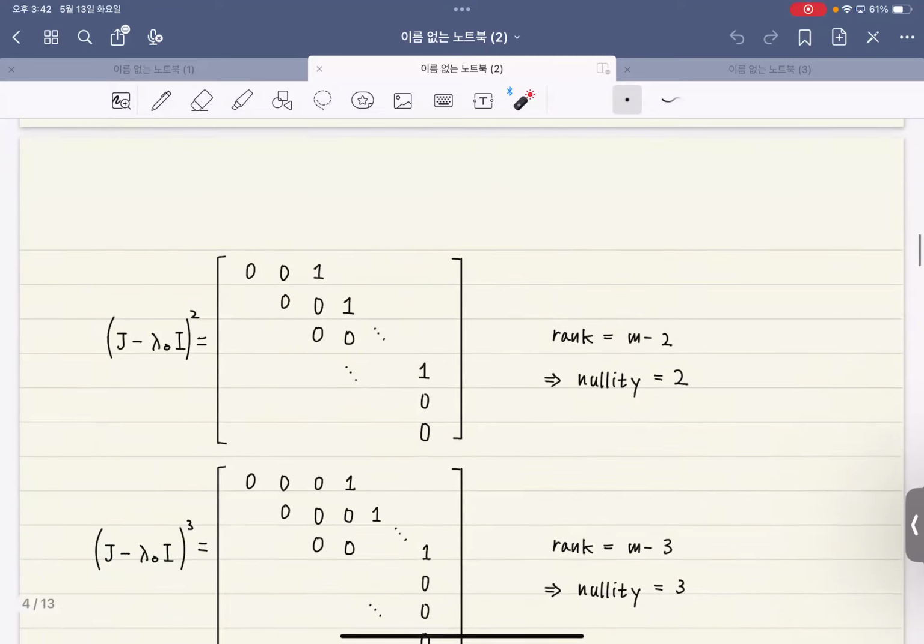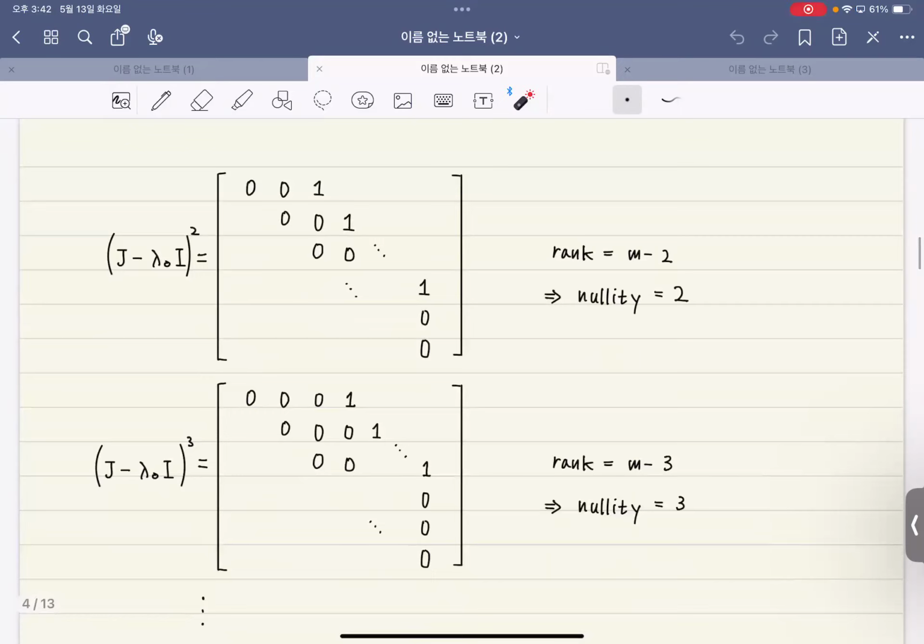I know this is getting somewhat tedious, but let's take just one additional power. What happens if I take the third power of this matrix? Then zeros here and there, and I have ones over there, and all the other entries are 0, right? In this case, the rank is n minus 3, and the nullity is 3.